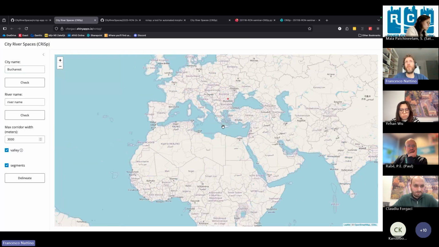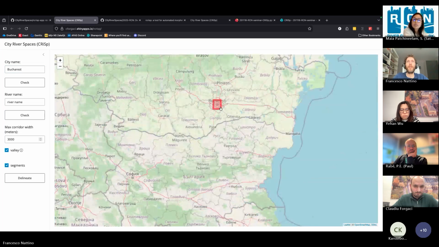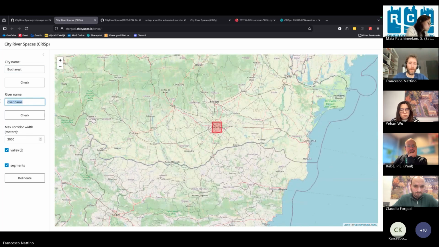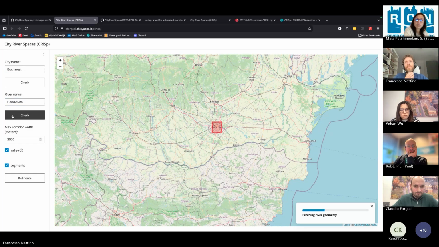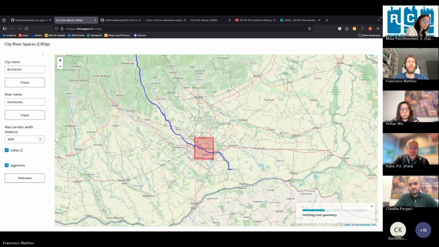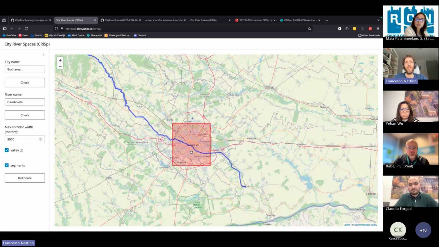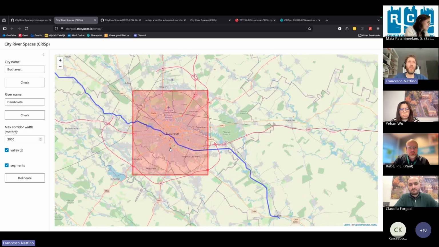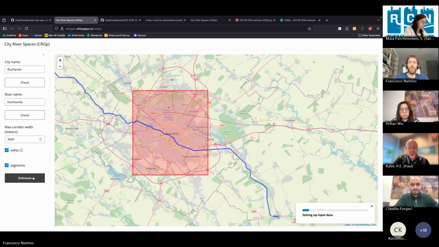So here is Bucharest. All right. Finally managed to access the information about the river. And by clicking on delineate, the delineation process starts.